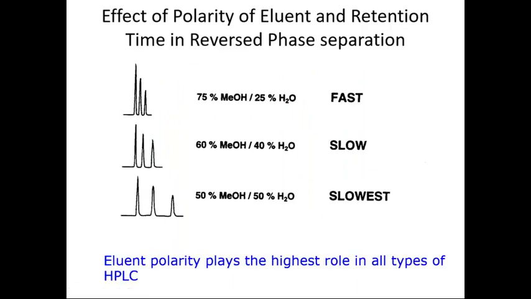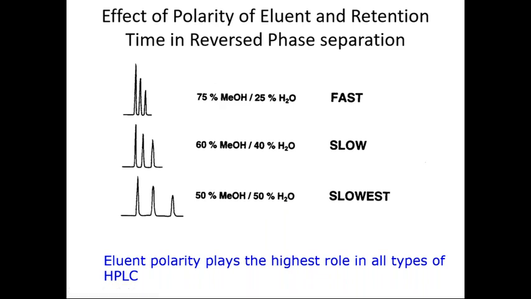Now, how does the solvent composition affect the separation? So here are three very good examples. If you look at this solvent, which contains 75% methanol and 25% water, as compared to that which contains 50% methanol and 50% water, this solvent is higher in polarity than this solvent.